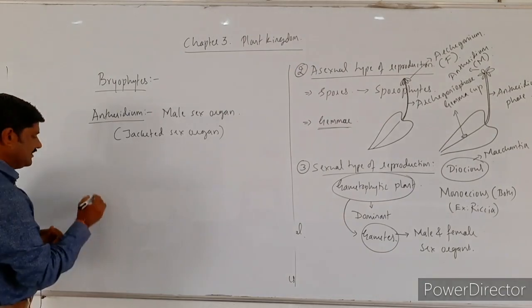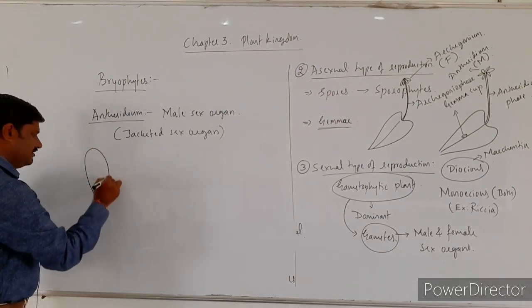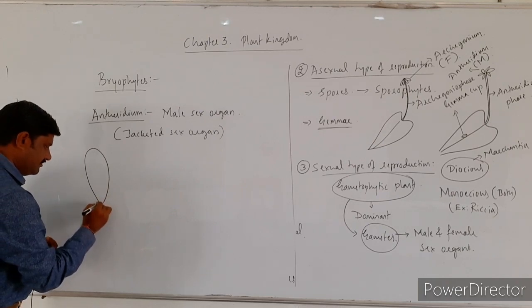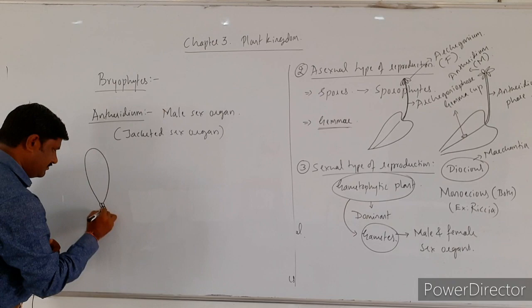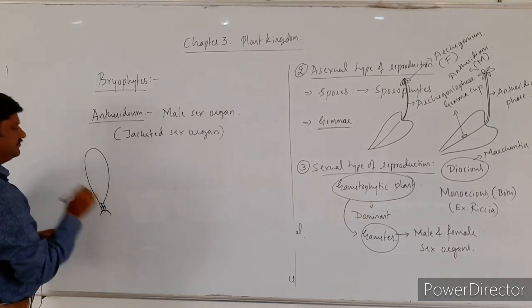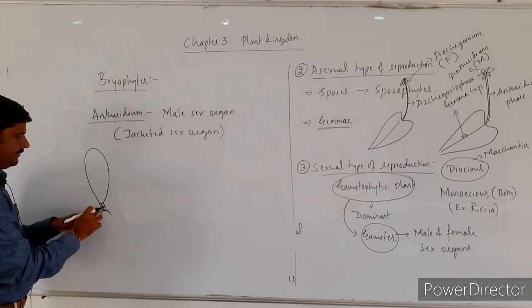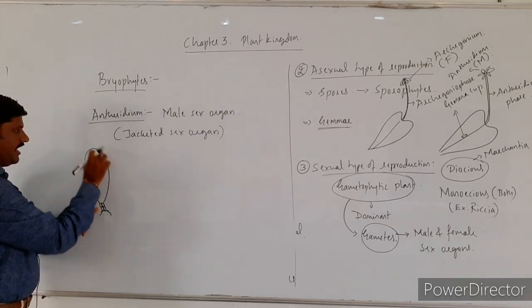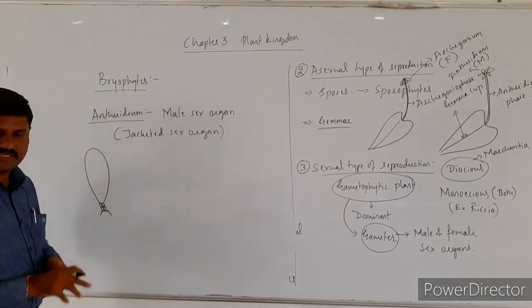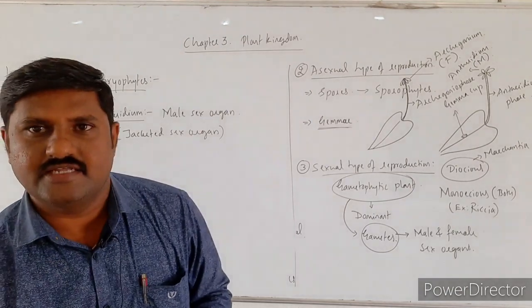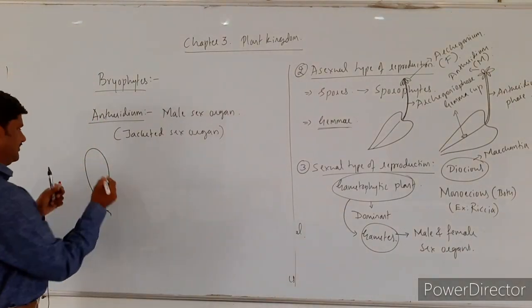Let us see here; I shall draw it. This stalk-like structure, on which the antheridium is present, contains the male gametes.